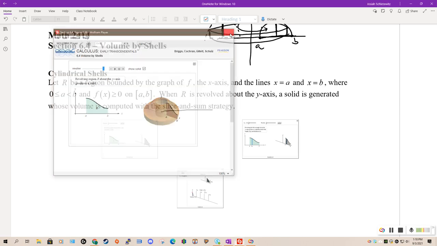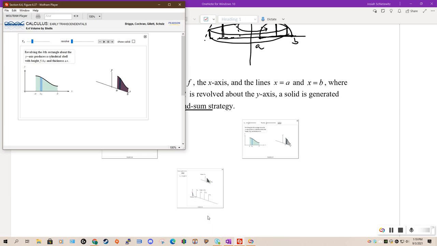What we want to do is grab a chunk of this and then revolve it. When we do that, we end up with a cylinder with a big hollow in the middle. We'll move the x's around so we grab cylinders in every part of the function. We're going to have a thickness of the cylinder, but that thickness is delta x, which goes down to dx.